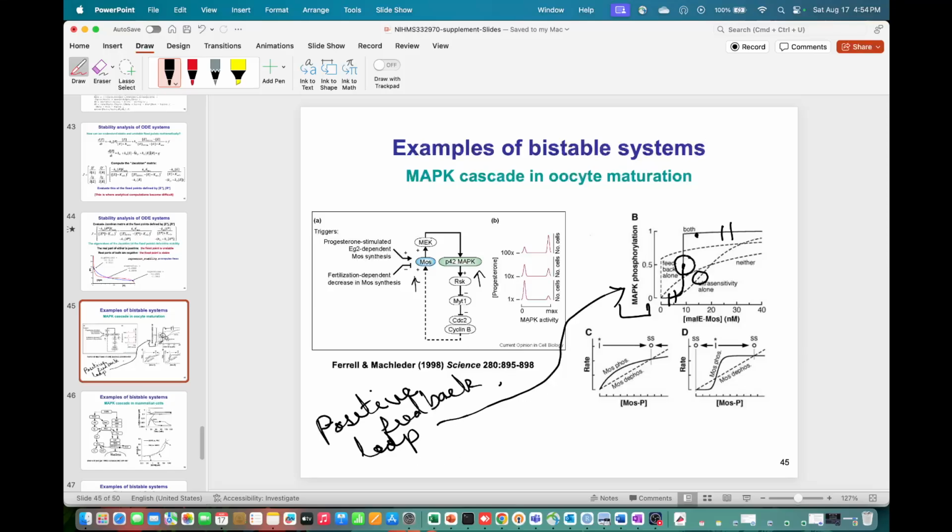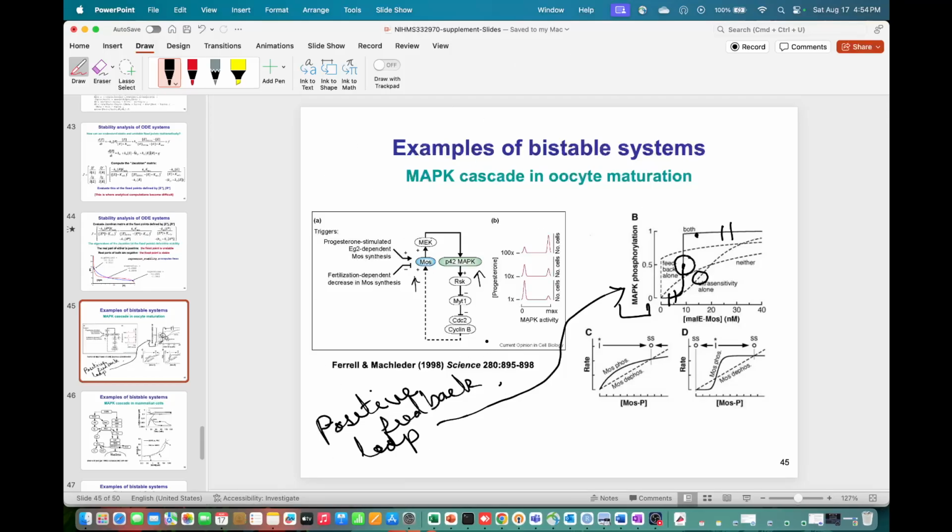Right, so for a positive feedback loop, this is how your system is going to behave, and you're going to have certain ultra sensitive zones where if you move slightly from there up or down, you converge into a different steady state than what you were initially trying to do. So if you downregulate it a little bit, it will go to this steady state. If you upregulate it a little bit, it will go to a different steady state. So this is how a positive feedback loop works.